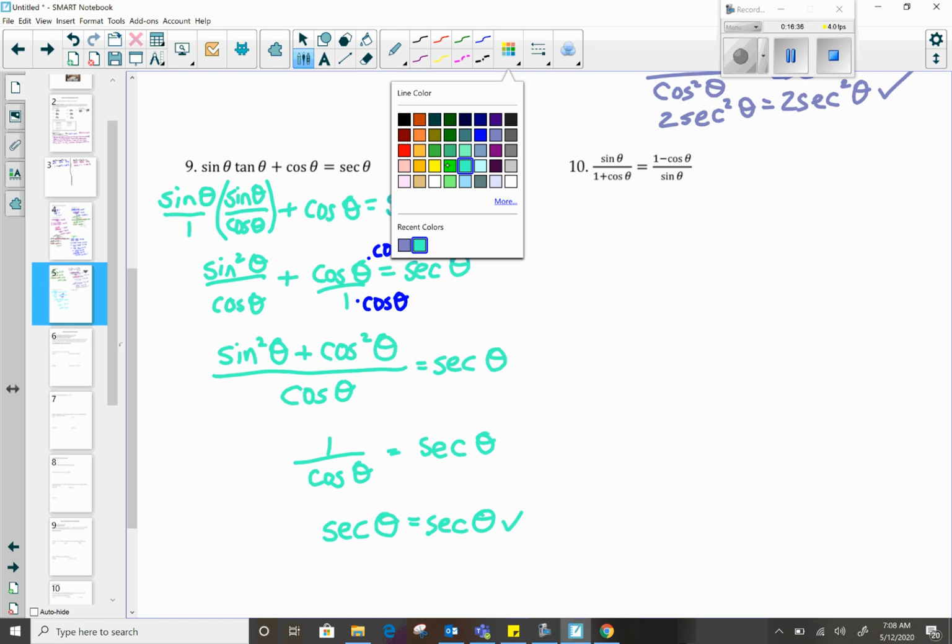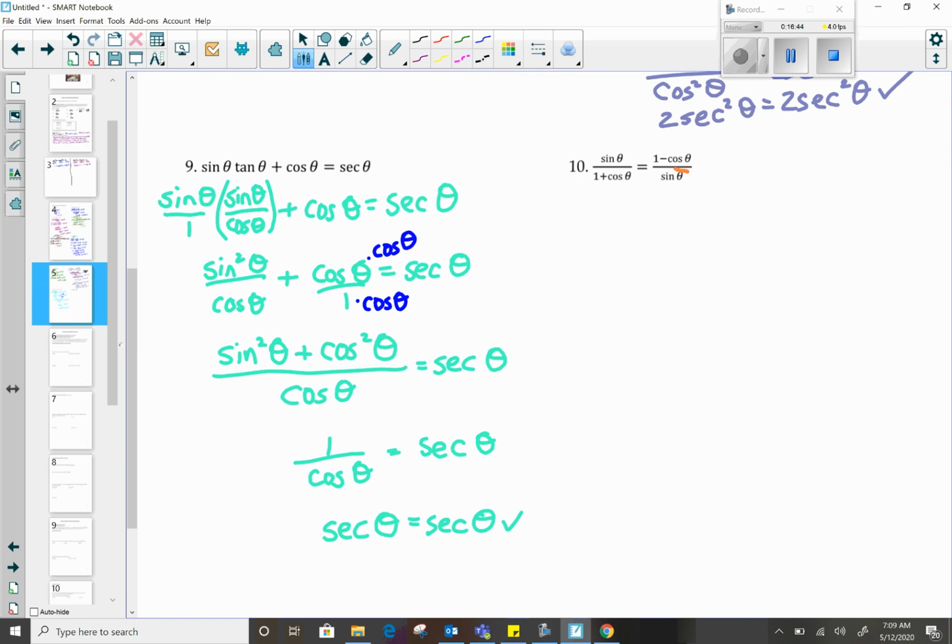So we are actually going to cross multiply first before we start this problem. So cross multiplying, multiply sine by sine, and get sine squared. And then cross multiply the other side, it's 1 plus cosine theta times 1 minus cosine theta.